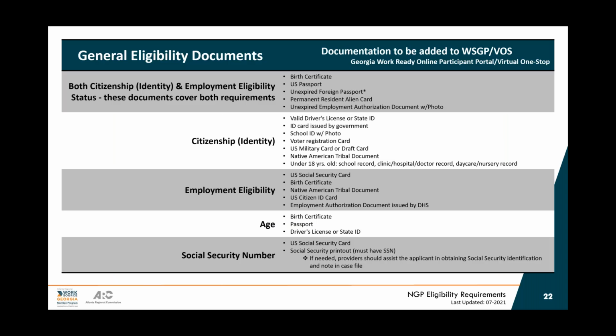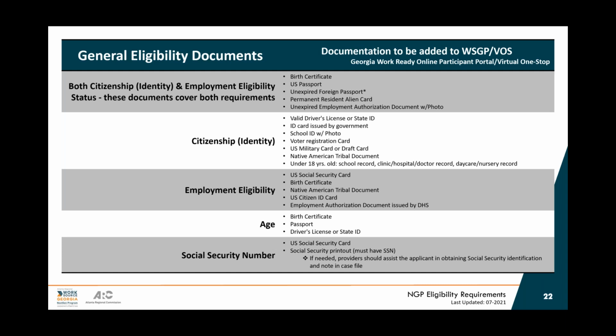These next couple of slides are good reference slides for the verification documents, for what is allowable documentation to verify some of these other eligibility requirements, like citizenship. You have to prove that you can work in the U.S. and in Georgia.